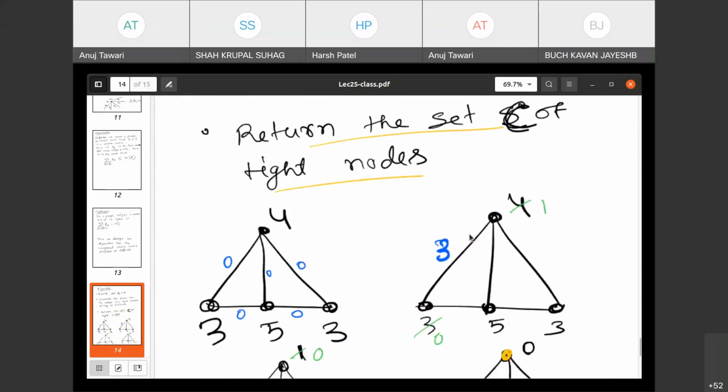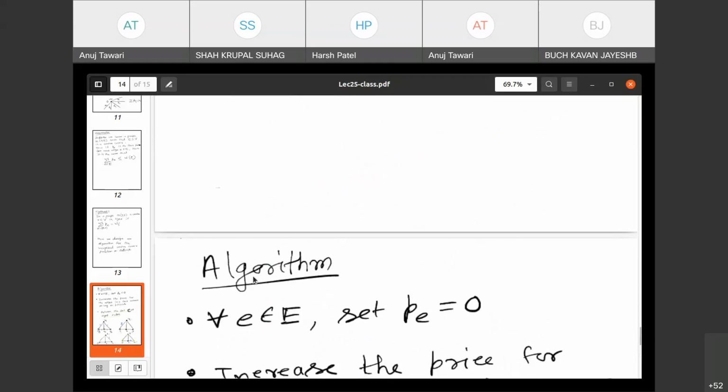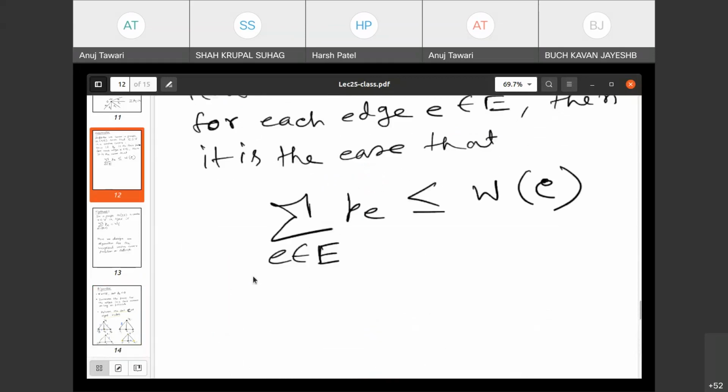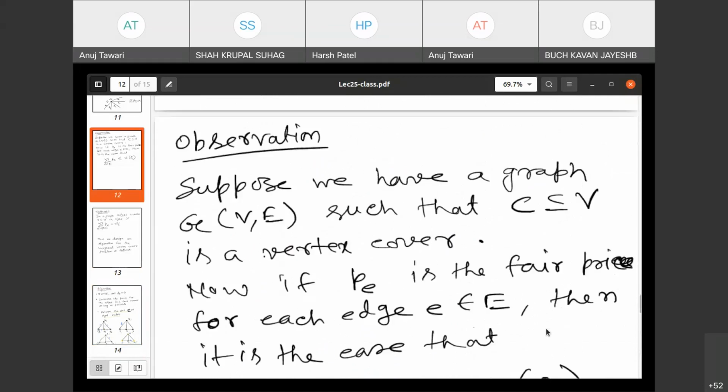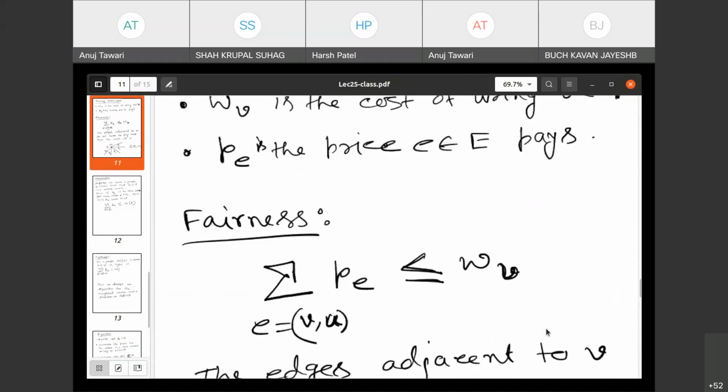Then you try to increase the prices of these edges as much as possible, while maintaining the invariant that the sum of the prices of the edges incident with a particular vertex is less than or equal to the weight of that vertex.